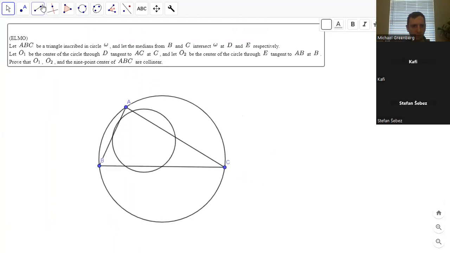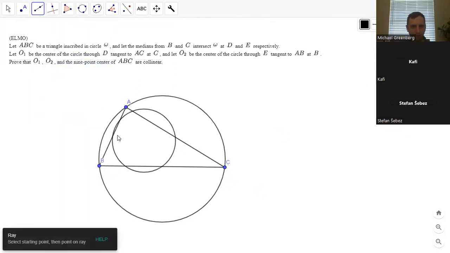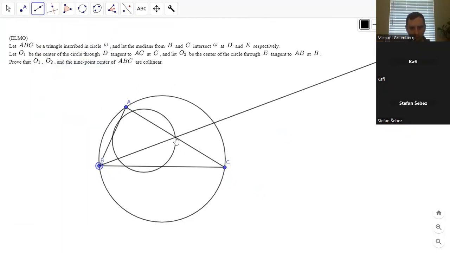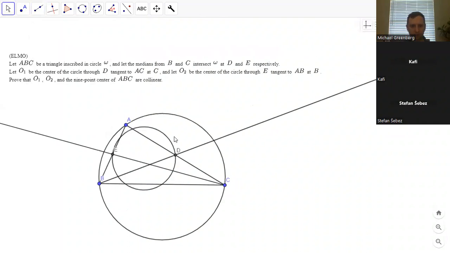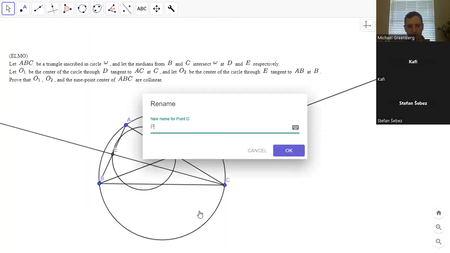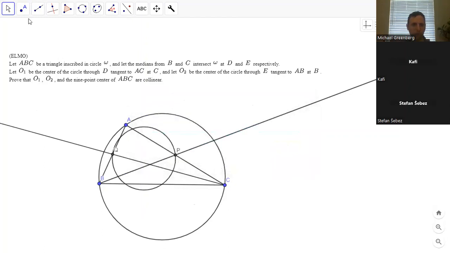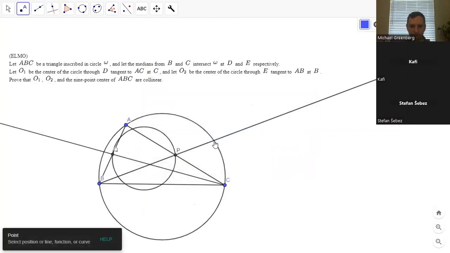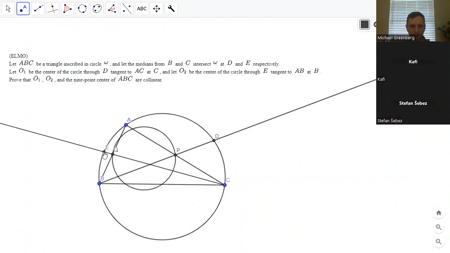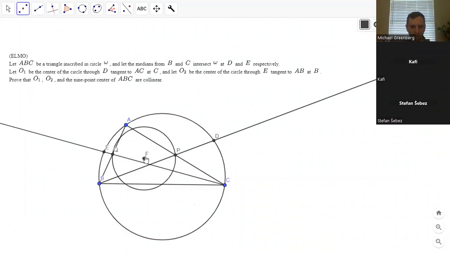So we draw the 2 medians from B and C, and it intersects the circle at D and E. So let's rename this Q, and now we can do D and E. And let N be the 9-point center, because we're going to want it for later.